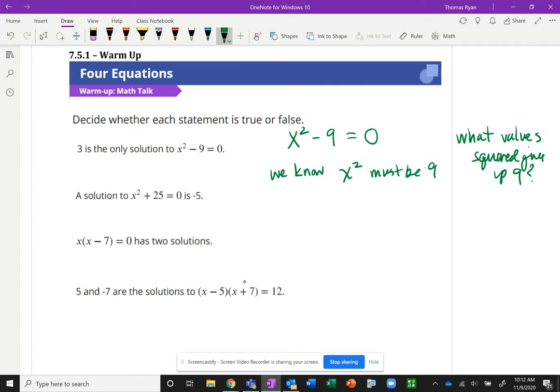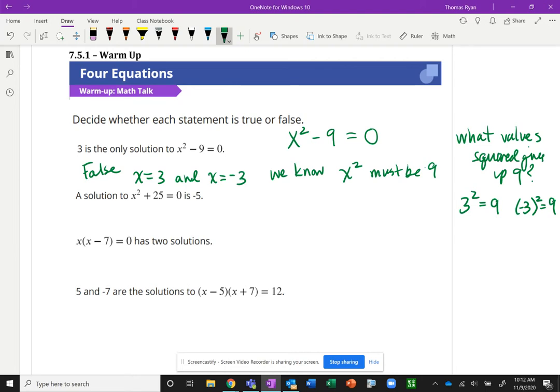We know that 3 squared gives us 9, but also we know from last class that negative 3 squared equals 9. So this is false, because x could equal 3 and x equals negative 3.